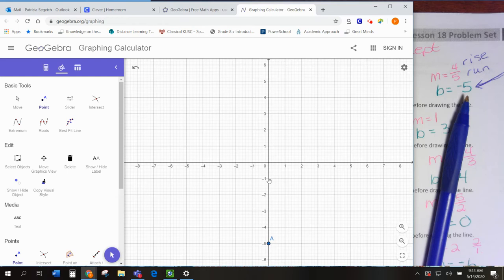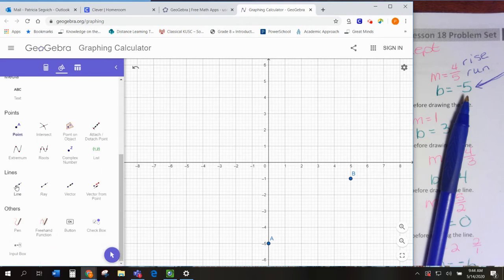And I'm going to go over 5 because I have a run of 5. 1, 2, 3, 4, 5. And I'm going to put a point there. Once I have 2 points, I can draw a straight line, and only one line is going to go between these 2 points. And there we've graphed number 1.